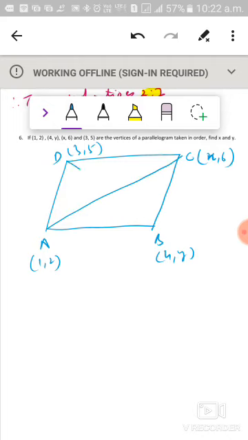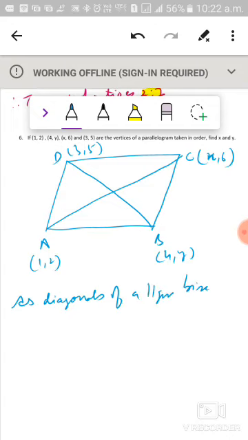As we know, diagonals of a parallelogram bisect each other.